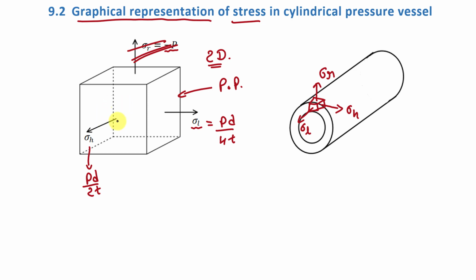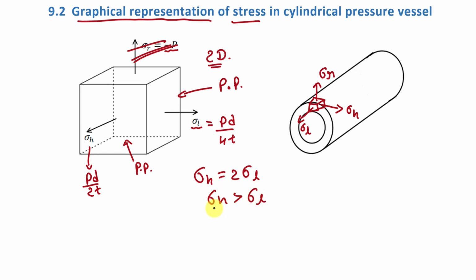Similarly, on this plane there is only normal stress acting and no shear stress, so this plane is also a principal plane, and the stress on a principal plane is called principal stress. So here sigma H is also a principal stress. We know that sigma H is equal to 2 times sigma L, meaning sigma H is greater than sigma L.